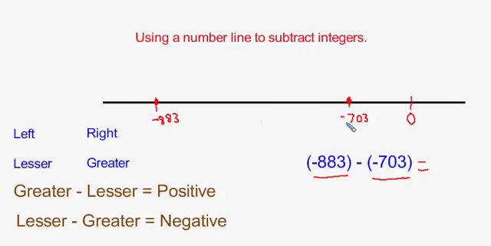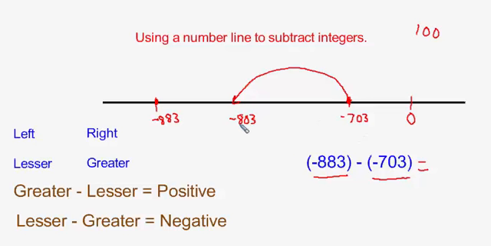For me, I would like to move 100 units to the left to start with, and if I'm 703 units to the left of 0 and I move 100 units further to the left, that would be 803 units to the left of 0, so that would put me at negative 803.